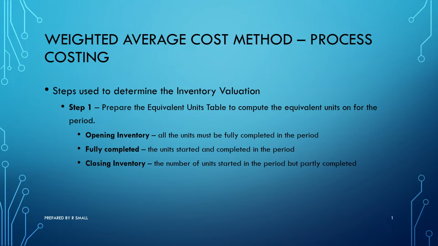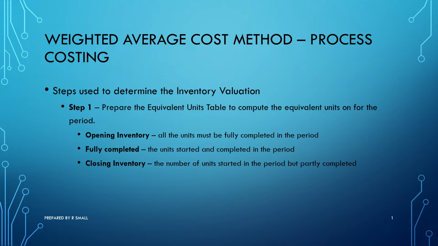So we have some steps that we will use to determine the valuation of our inventory using this method. Similarly, like FIFO, where we went through some steps, we will go through some steps with AVCO. Our first step: you have to prepare the equivalent units table.